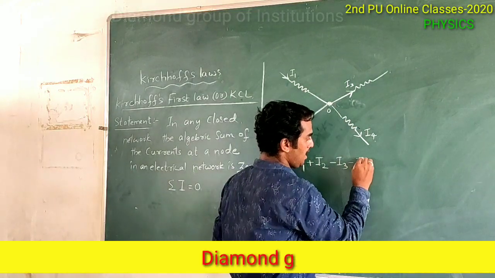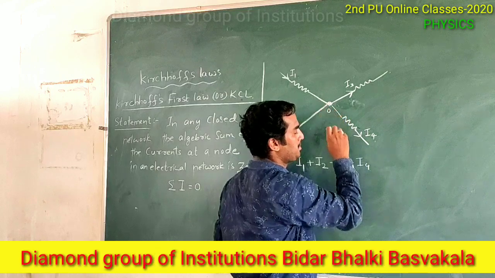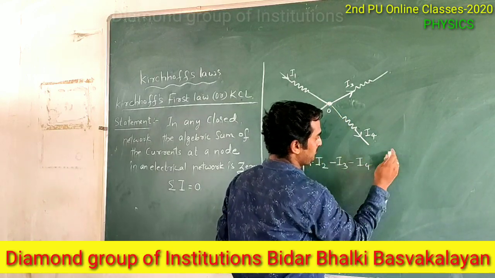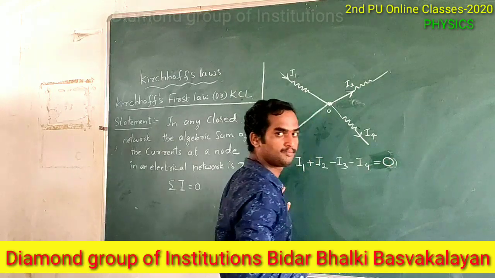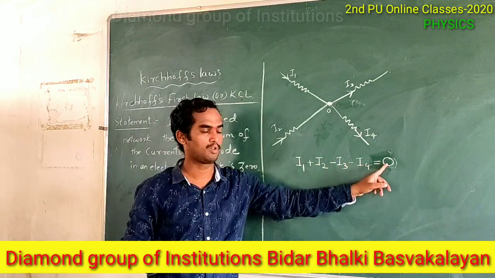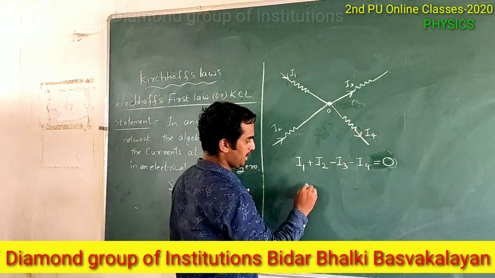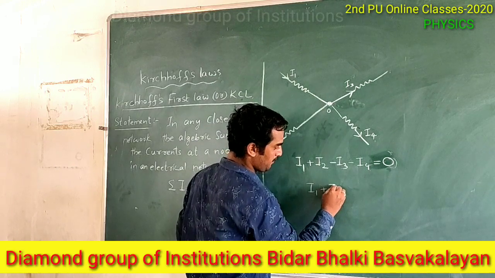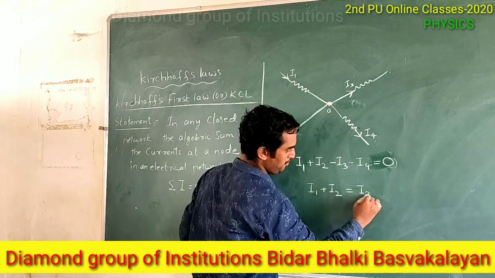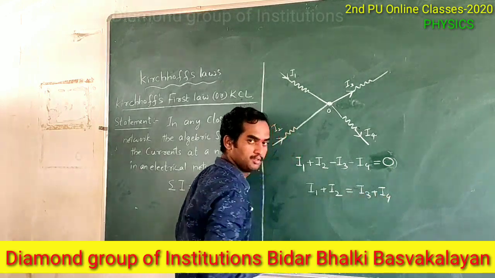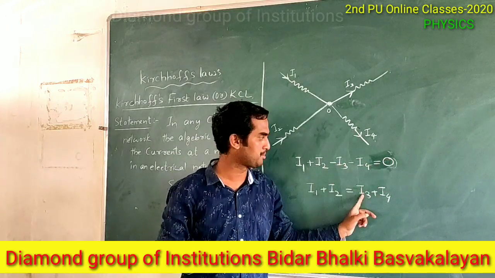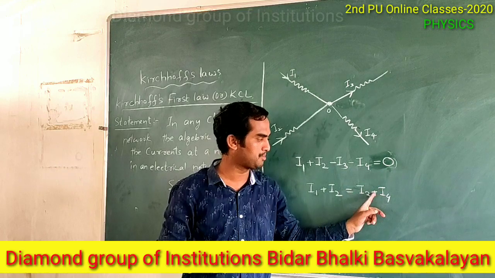Next, I4 is also going away from the node, point O. So we can equate to 0: I1 plus I2 minus I3 minus I4 is equal to 0. In another way, I1 plus I2 becomes I3 plus I4. I3 is negative; if it goes to this side, it becomes positive. I4 is negative, it also becomes positive.